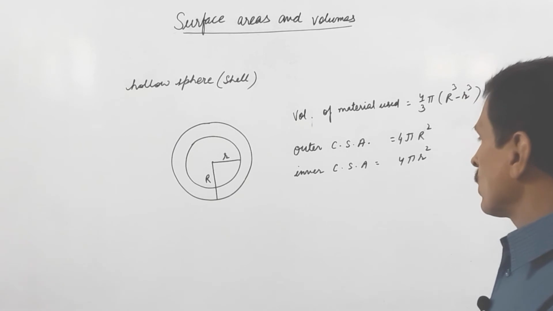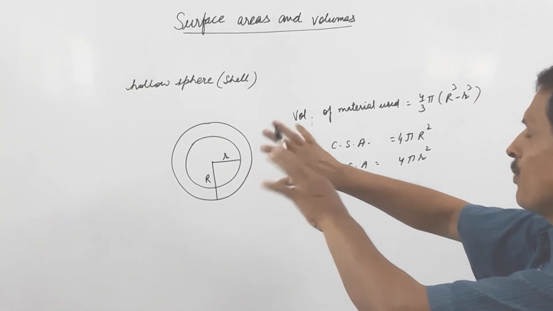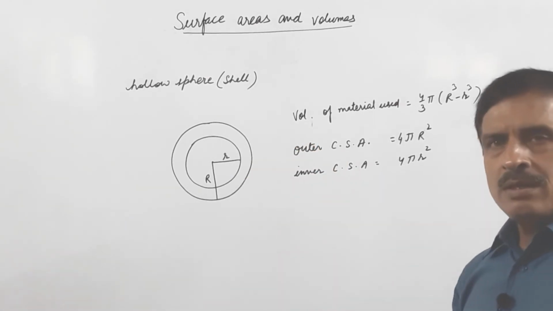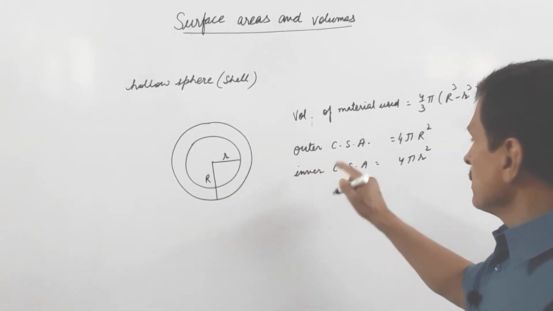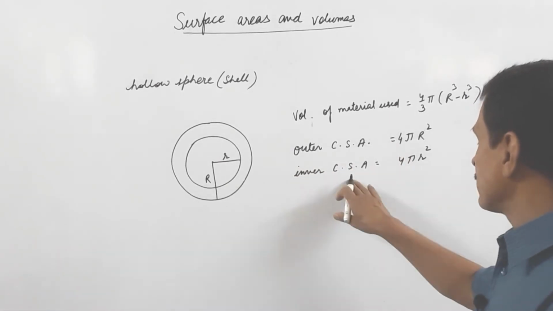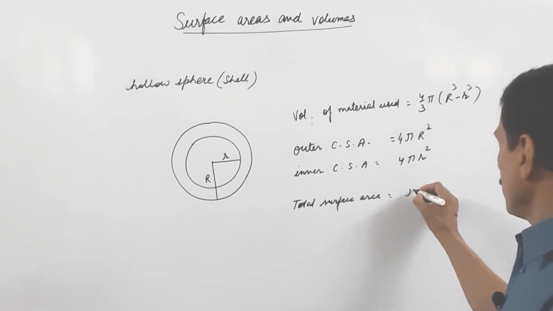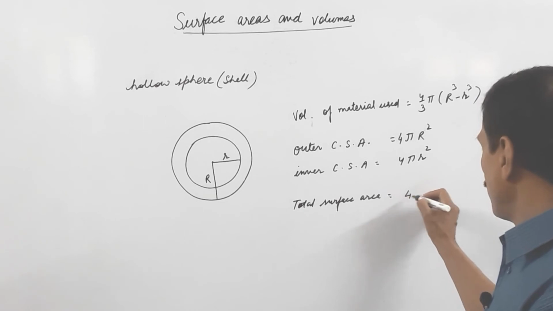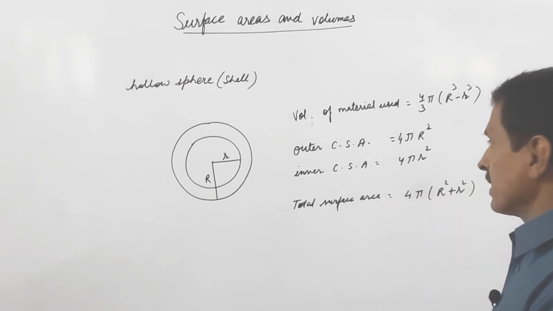If we have to calculate the total surface area of this hollow spherical shell, it may be a vessel, etc., then that is the sum of outer curved surface area and inner curved surface area, which is equal to 4 pi times capital R square plus small r square.